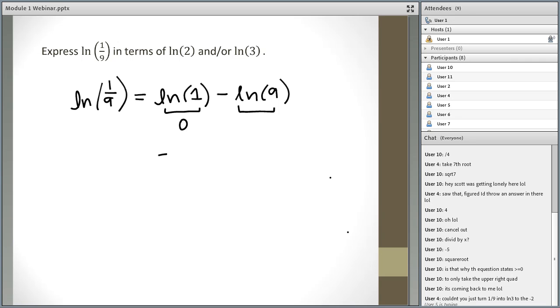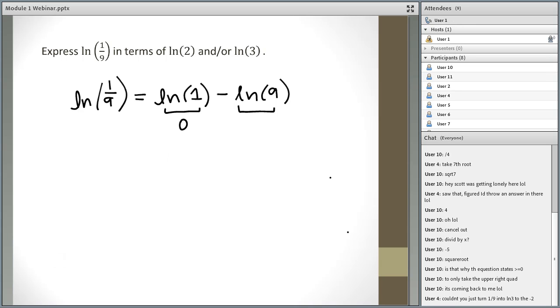Actually, hold on one second. So natural log 3 to the negative 2. Oh, I see what you're saying. The negative 2 is on the inside of the parentheses. Yes, yes, you can. The only thing is that it ends up being the same thing.